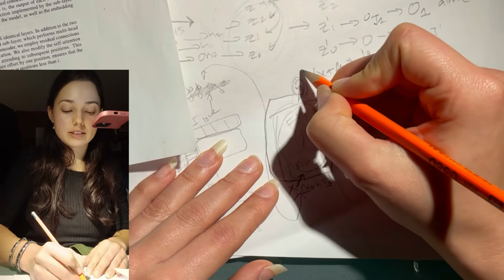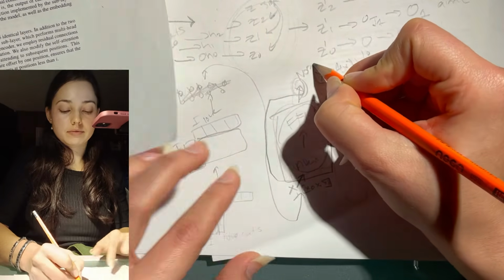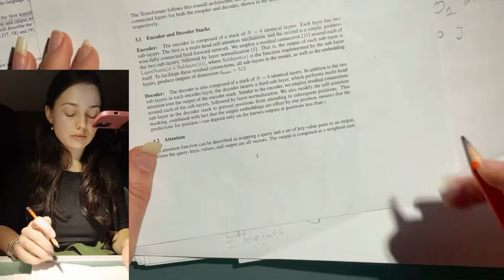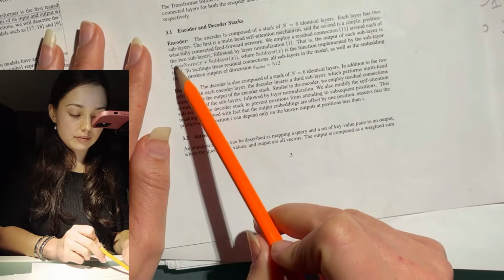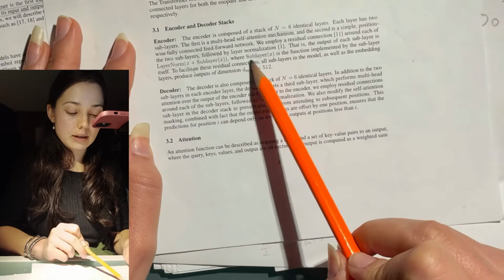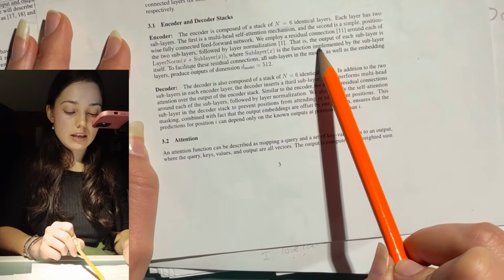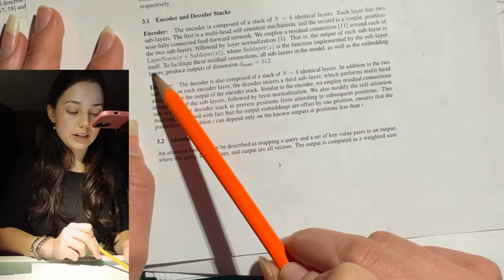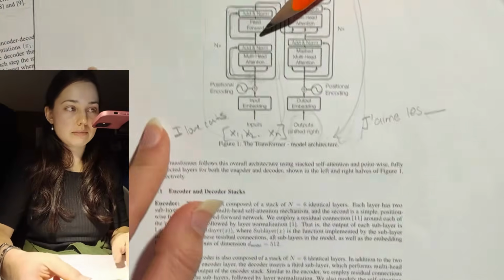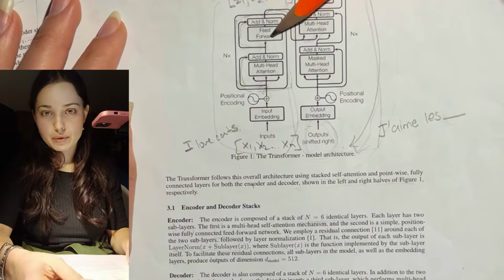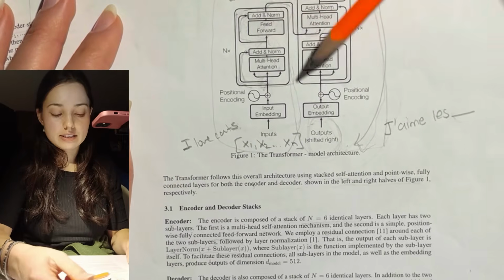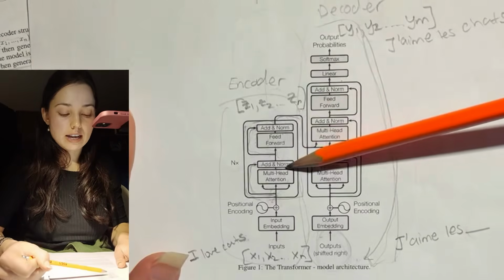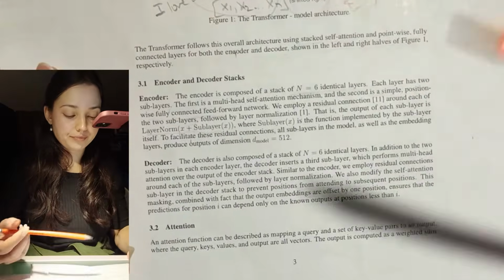And then it's normalized. Okay. So that's really what this is saying. Where Sublayer(x) is the function implemented by the sublayer itself. So that's the attention mechanism and the feed-forward network, which is applied at every sublayer. And again, this is stacked 6 times on top of each other.